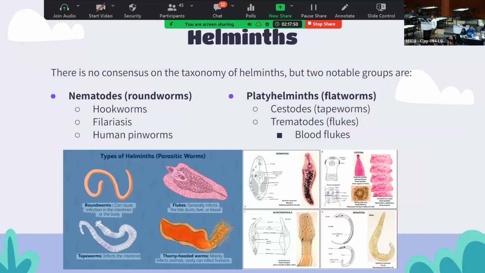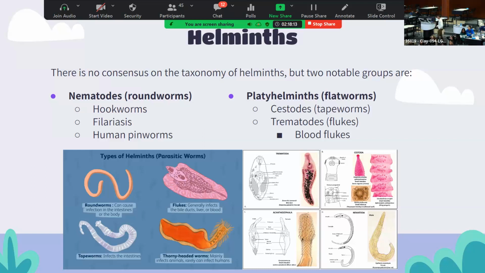And then helminths, they're worms. There's no consensus on how to organize them, but the two notable groups that we explored are nematodes, roundworms, and platyhelminths, flatworms. So nematodes, you've got hookworms, filariasis, human pinworms as examples gone over in your lectures. And then platyhelminths, flatworms, so you've got tapeworms and flukes.